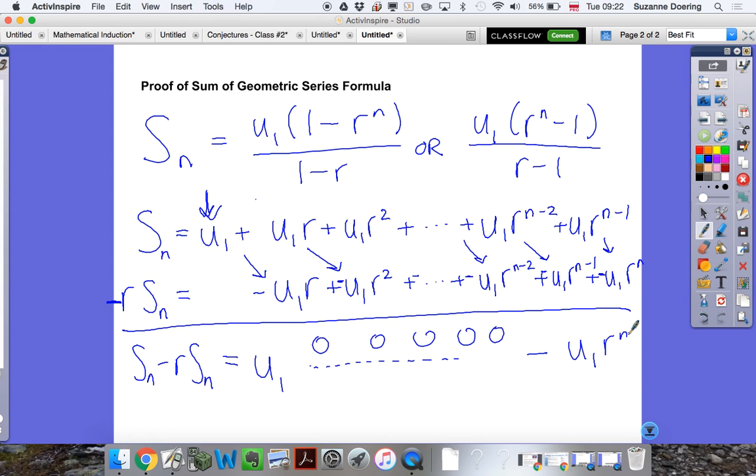And that's the weird part. But it's also improved things because now we have only two terms on each side. Remember, our goal was to find a formula for the sum of n terms. So we're going to solve this now for that Sn.